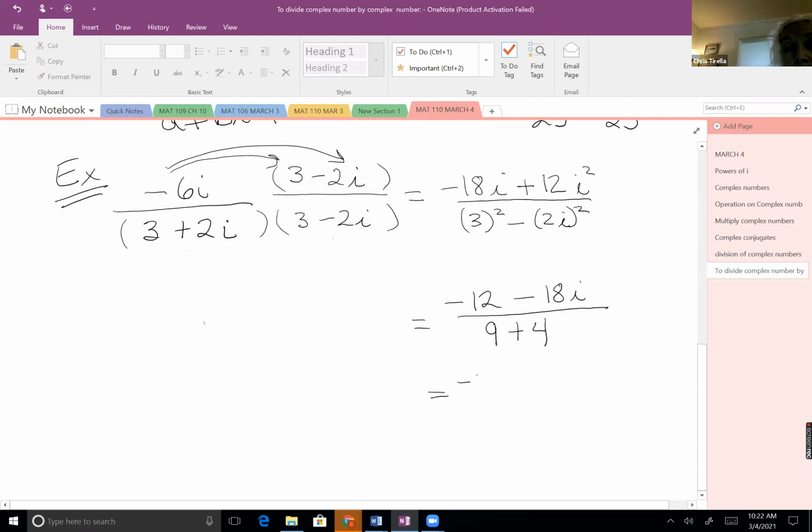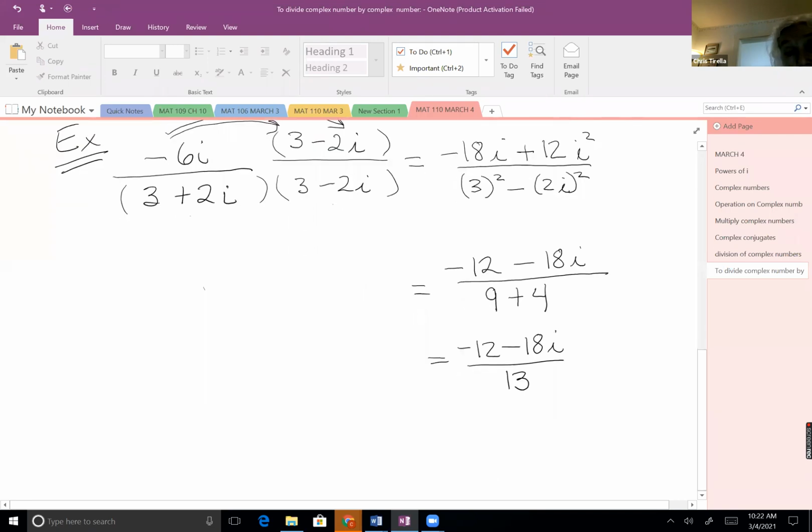And so that becomes negative 12 minus 18i over 13. But again, they want you to separate that. Usually they ask you to separate that into a plus bi form. So we'd say that's negative 12 over 13, the real part, minus 18 over 13 times i.